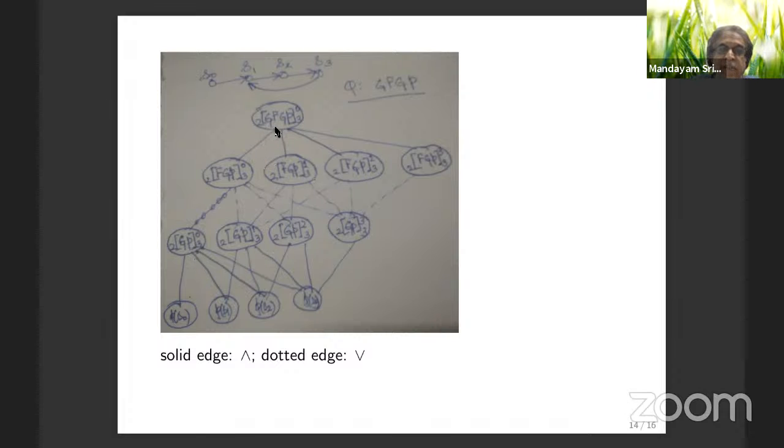Okay, this variable is equal to this and this and this and this. That is a 4-long and. Okay, now this one is a 4-long or. Okay, and this is similarly a 4-long or using the same variables. Okay, and here also you can introduce new variables. So this variable will be PS0 and PS1 and PS2 and PS3. This one will be once again the same thing, PS1, PS2, and PS3.